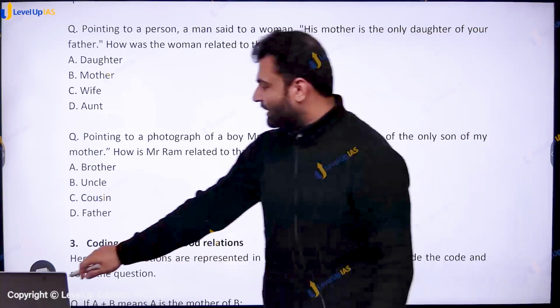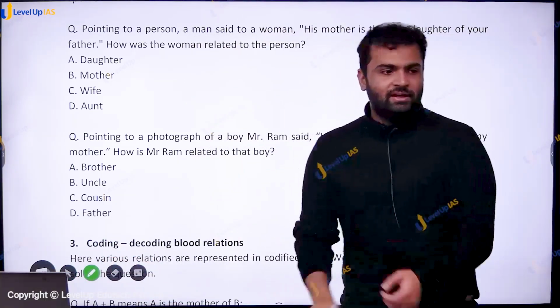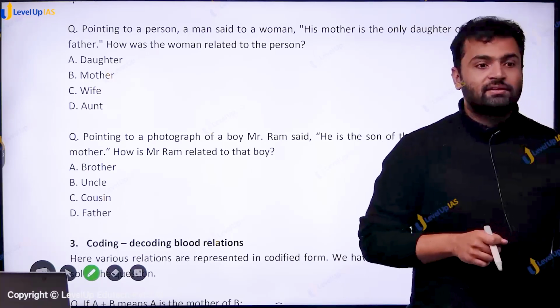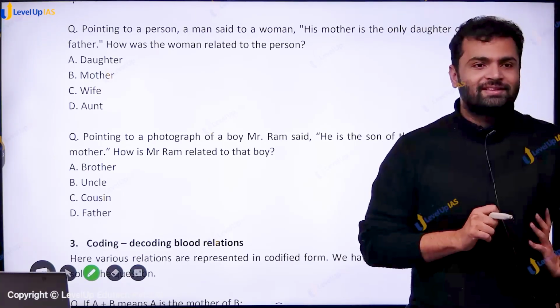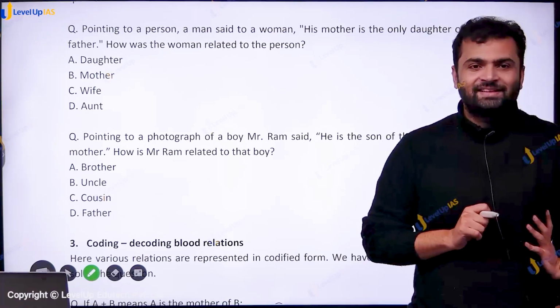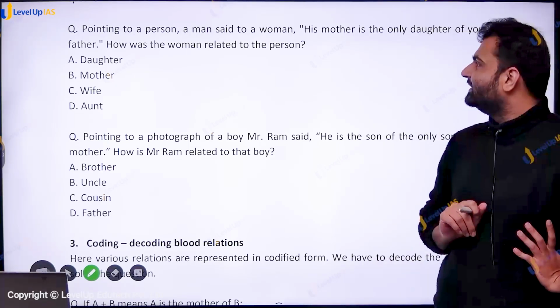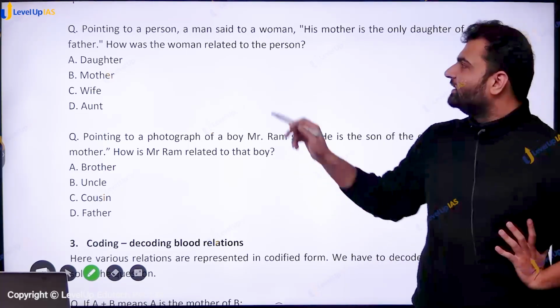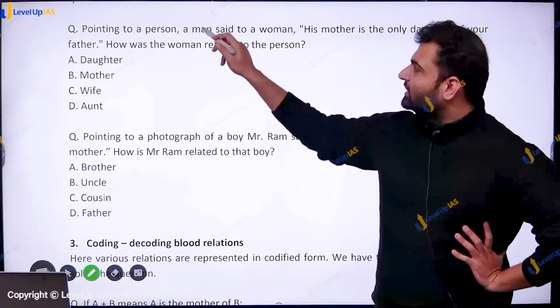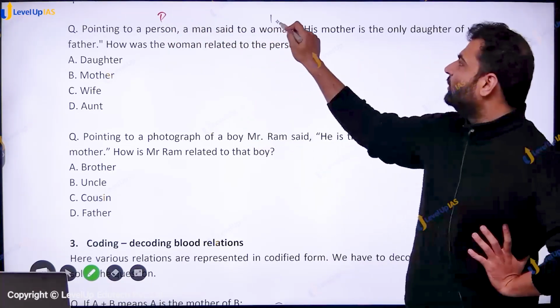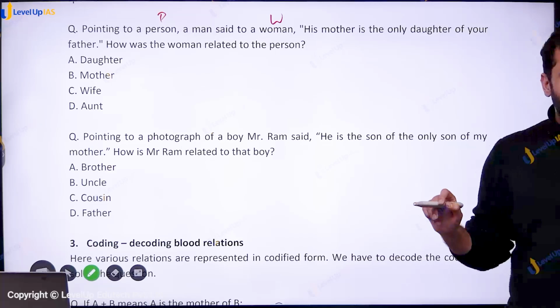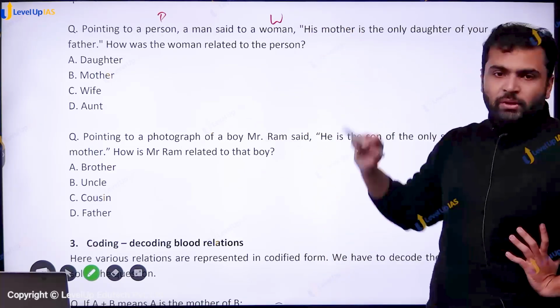So let us draw the family tree now. So let us say this person is P, woman is W. ठीक है? Person is P, woman is W.